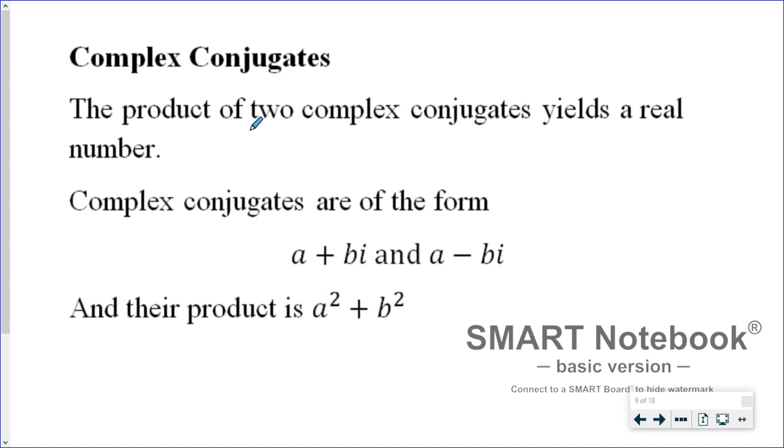So complex conjugates, what I just kind of talked about. The product of two complex conjugates yields a real number. Complex conjugates are of the form a plus bi and a minus bi, and their product is a squared plus b squared.